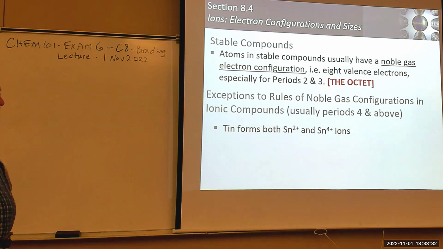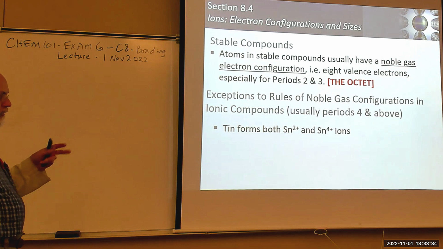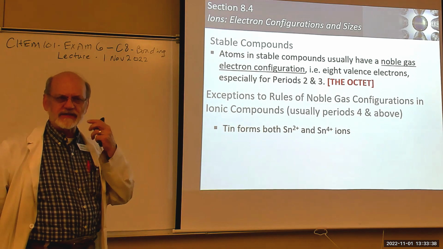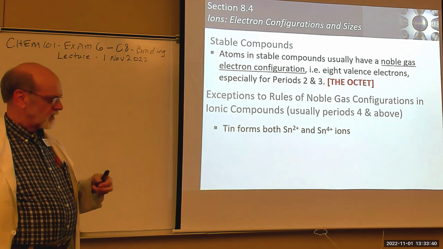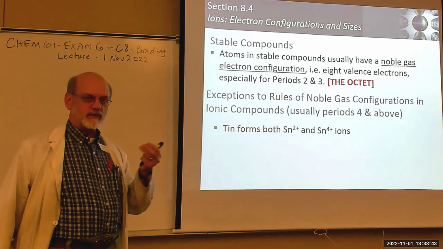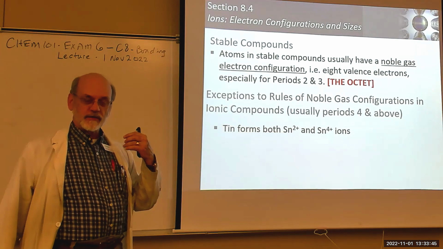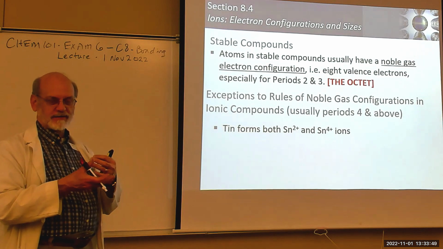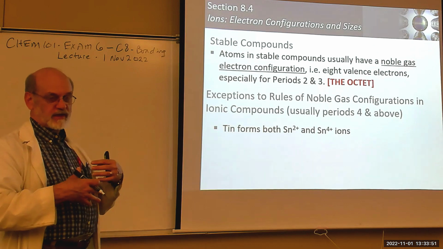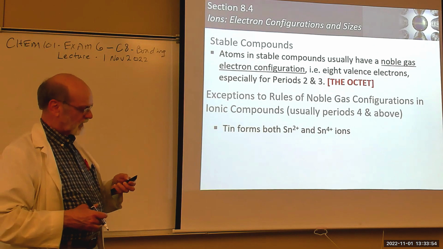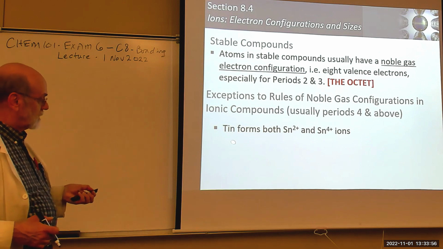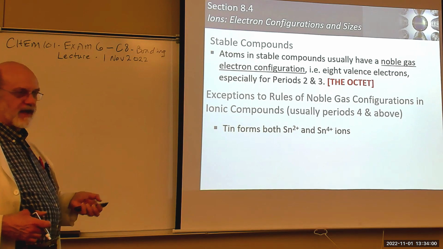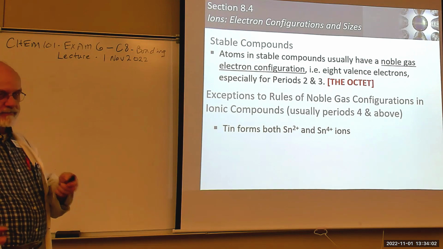Now, if we look at tin, tin can form a 2+ ion or a 4+ ion. And I think we looked at that during our review for this last exam. We had an s with 2 electrons and a p with 2 electrons. If you lose 2 electrons from the p, which is higher energy, you get a 2+ ion. And if you lose all 4 of them, you get a 4+ ion. So that explains tin's preference for 2+ and 4+ ions when it forms ionic compounds.